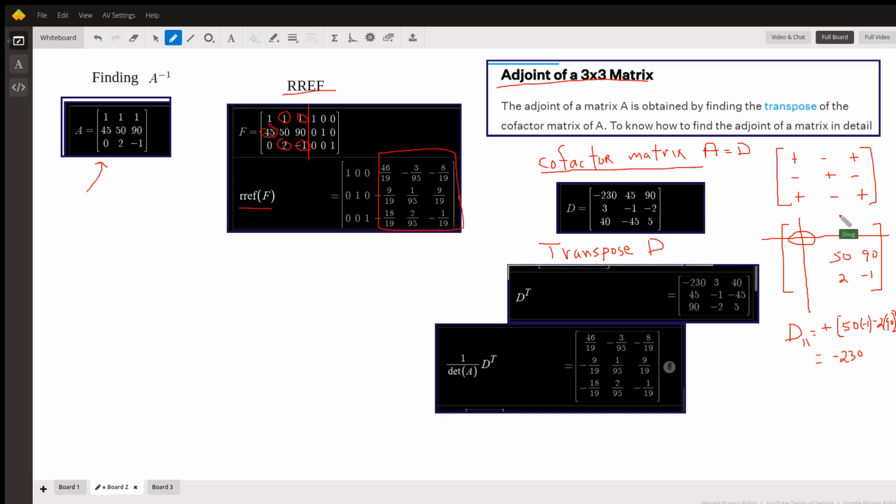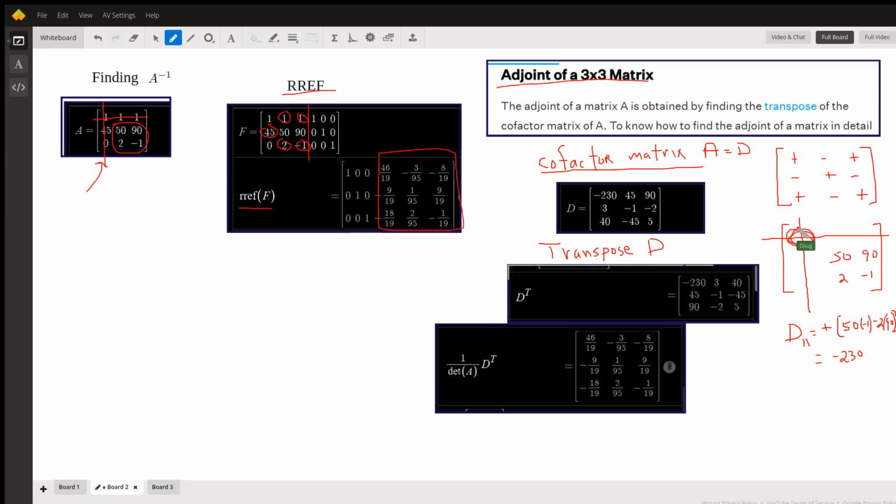If you want to picture how you get this element of the cofactor matrix, you picture crossing out that row and column, and this is your remaining determinant. You evaluate that determinant, but you have to pay attention to the signs. If the row plus column number is even, you get a plus. If the row plus column is odd, you get a minus.